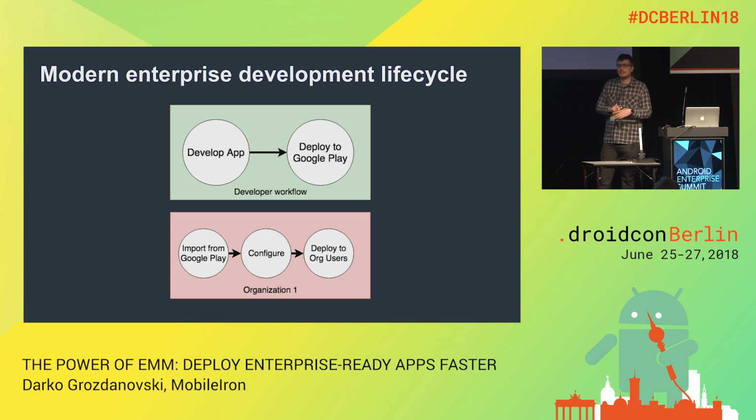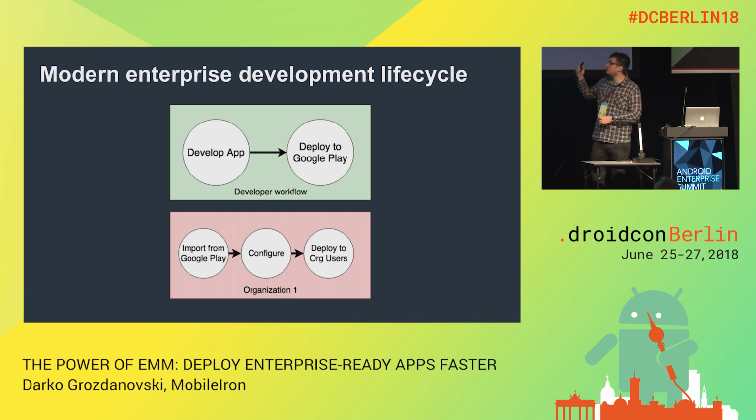So the process is going to be modified into something similar to this. As a developer, what you really want to do is just focus on your application, develop your application, publish it to the Google Play Store, and basically you don't want to deal with the specifics of the organization afterwards, right?